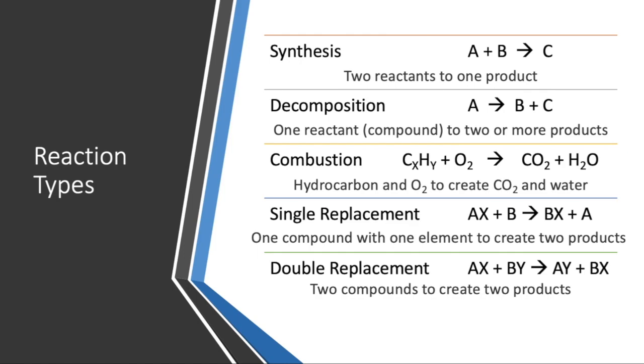And today we're going to be talking about single replacement reactions. In a single replacement reaction, you have one compound and you have one element. In our case, this is going to be our copper(II) sulfate, that's our compound, and then aluminum is our element. So on the other side, we're going to get aluminum sulfate and copper.